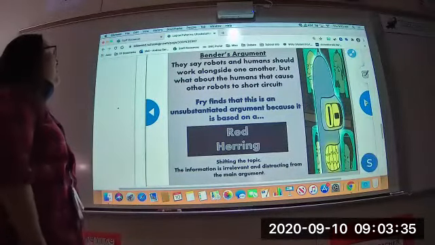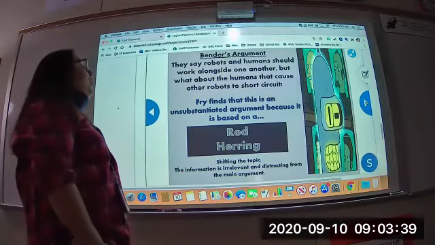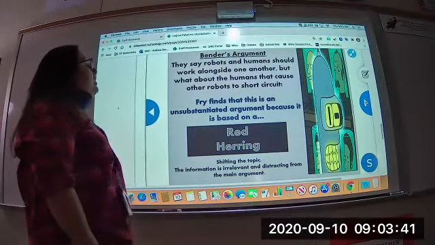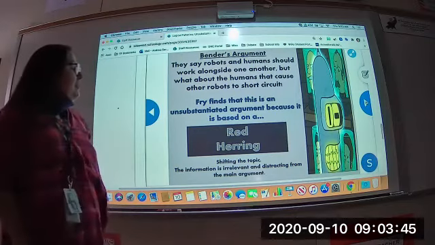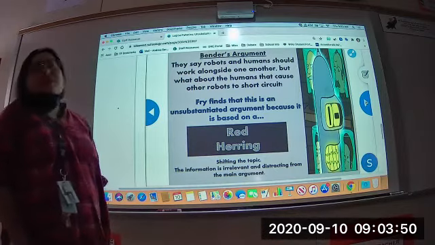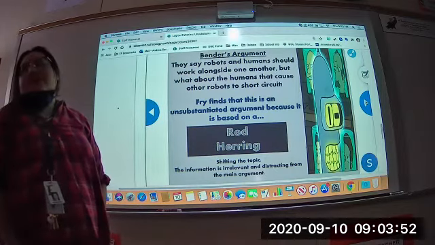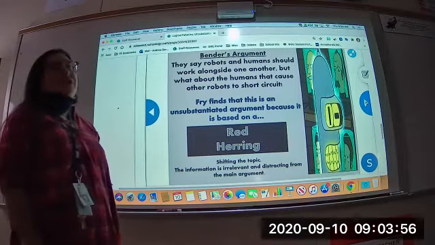So Bender's argument. They say robots and humans should work alongside one another. But what about the humans that cause other robots to short circuit? Why would this be unsubstantiated? Because we call this a red herring. Does everybody know what a herring is? It's a fish. So think about fish. Do they smell good?